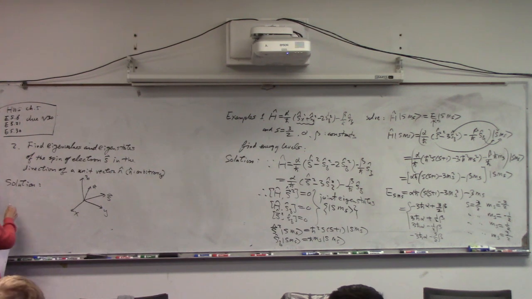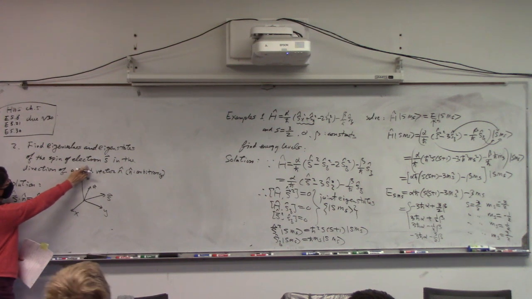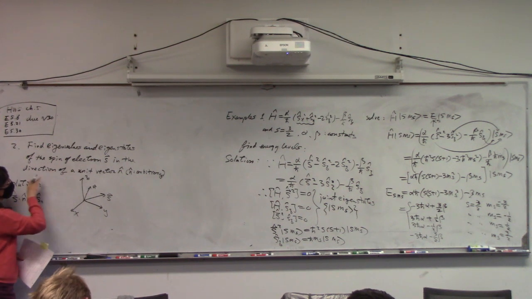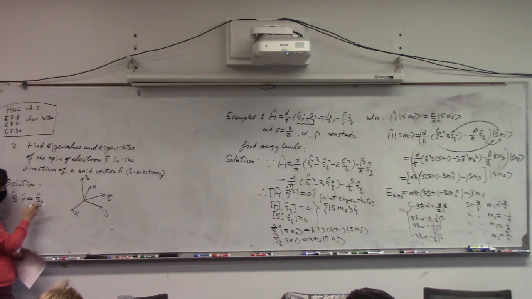Okay, the idea is like this first. The question is, this I'm going to say as the z operator. This is the operator of the electron spin S along the direction of the unit vector n, which is arbitrary.